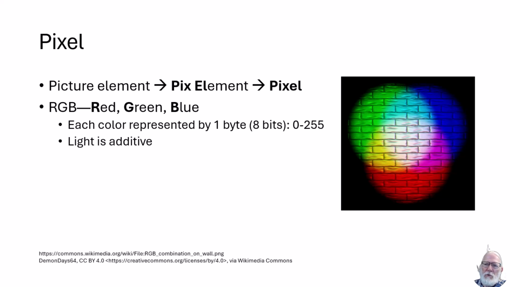The combination of red and blue, we get purple, which is one that does match up favorably with the paint, but that's kind of the only one. And the combination of green and blue at that intensity results in cyan. The total absence of all of those colors is black. So full value of all of them is white, 0 value of all of them is black, and the various combinations in between produce the variety of colors that we can make use of.